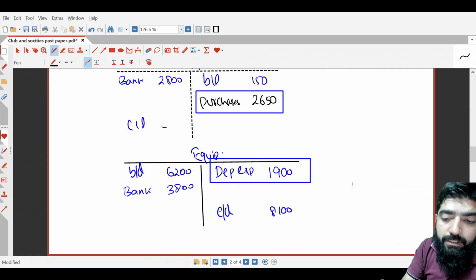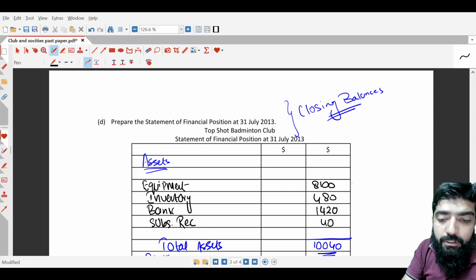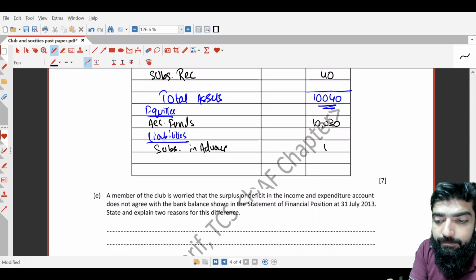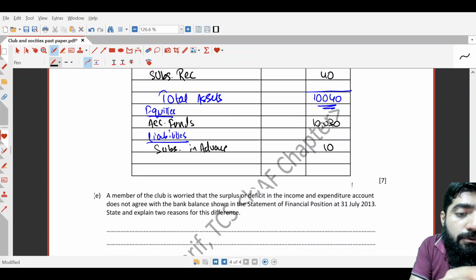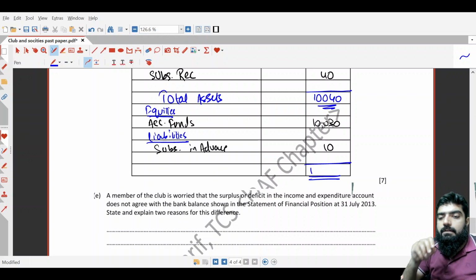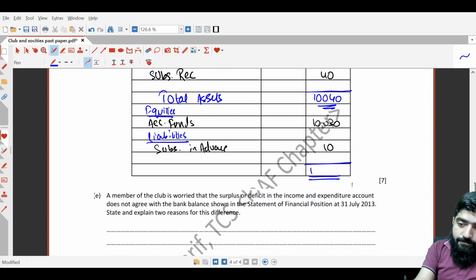That is subscription in advance, which is 10, right? So can you please total the equity side? The equity side is 10,040.